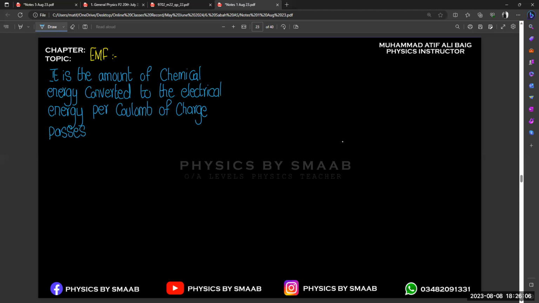This is the main difference that easily helps us identify that EMF is linked with the power supply, or the power source, whereas the potential difference is linked with the components connected in the circuit, right? So it passes through a source.